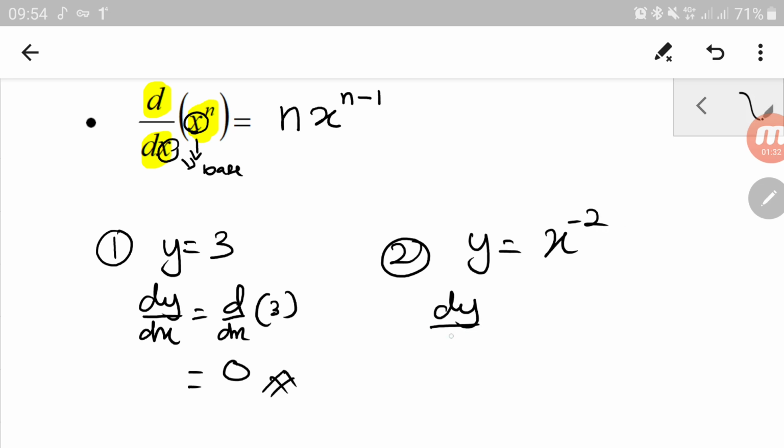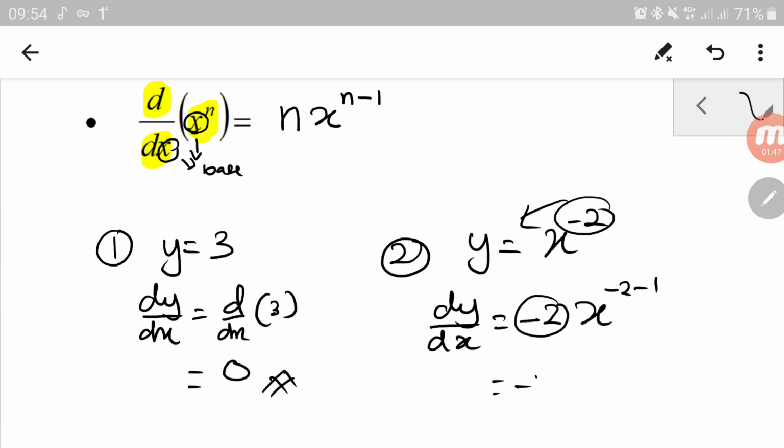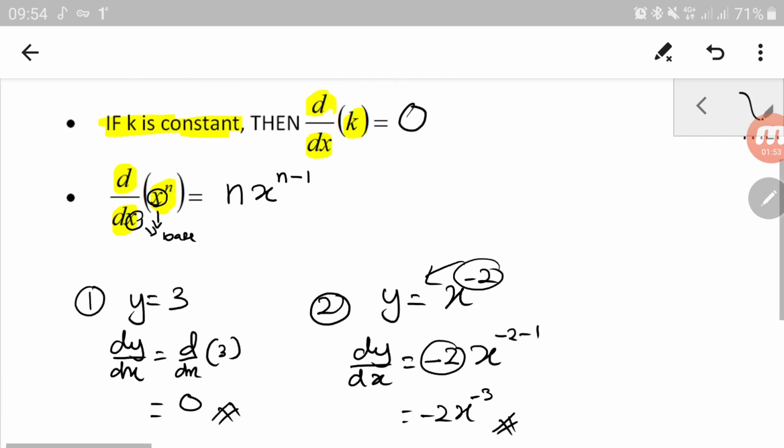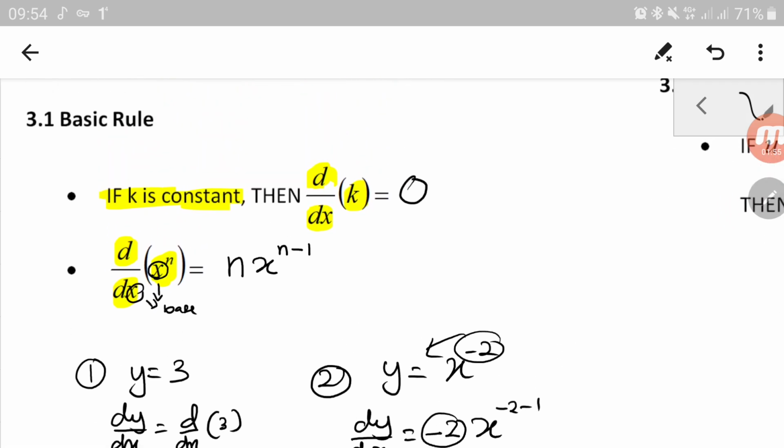So the differentiation of y in terms of x is: we move the power in front, this one, and then copy paste the x with the power less by 1. And then minus 2x to the power of minus 3. Okay, so this is the differentiation. So this is the first one, basic rule.